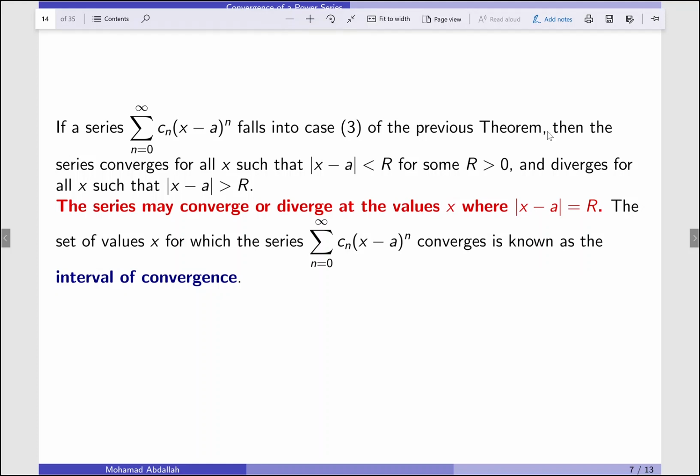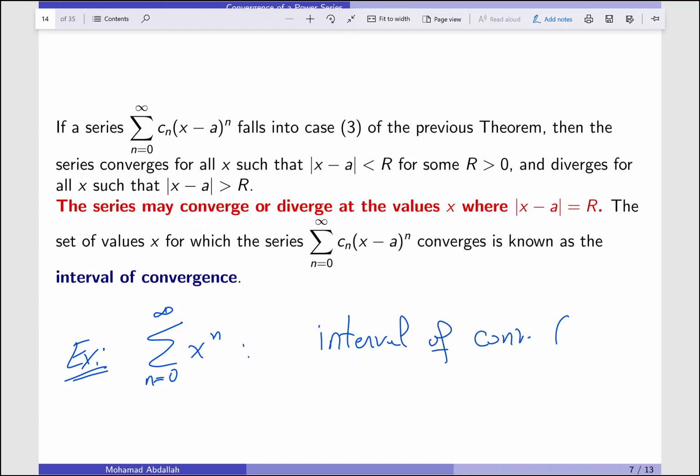Okay, so the set of values of x for which the series sum from n equals 0 to infinity of c_n (x minus a)^n converges is known as the interval of convergence. So for example, when we considered the geometric series, sum of x^n from n equals 0 to infinity, the interval of convergence was from -1 to 1.